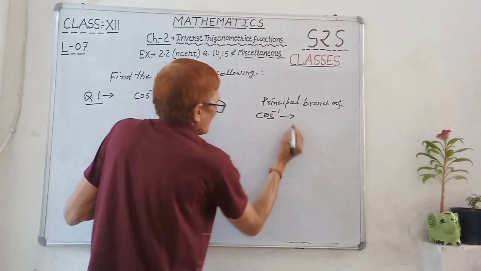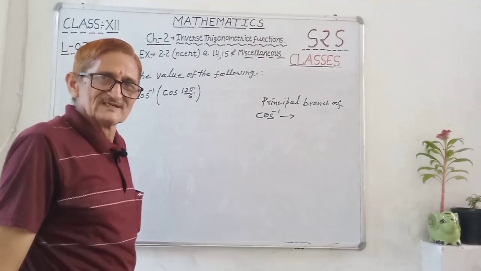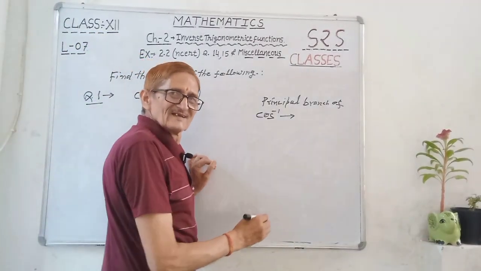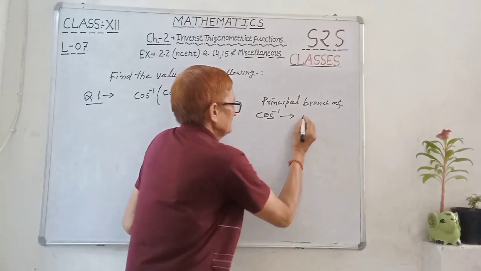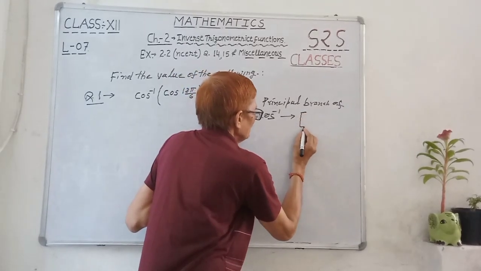What is the principal branch of cos inverse? The output range is 0 to pi, closed interval.